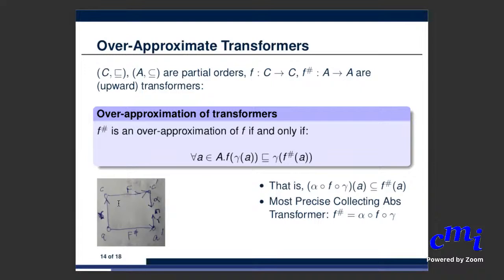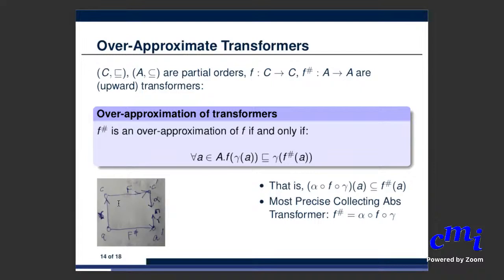So it has to be such that, how should F hash be defined? If I start with an A, and take it using a gamma into a C, a concrete set of states, then I apply capital F to it, which is the concrete transition function, which gives me the post state for any given state.